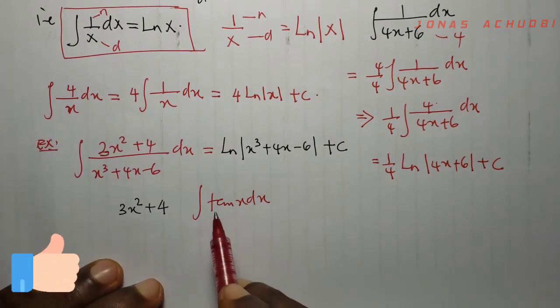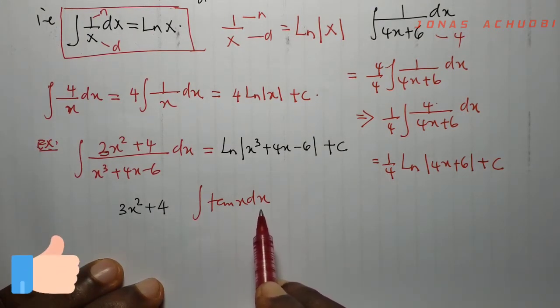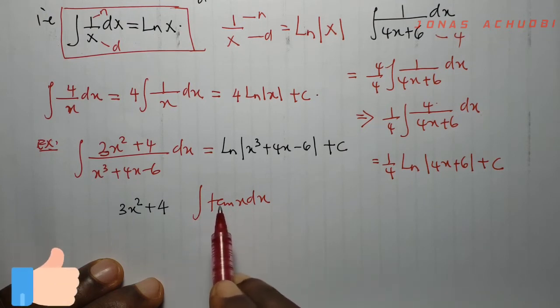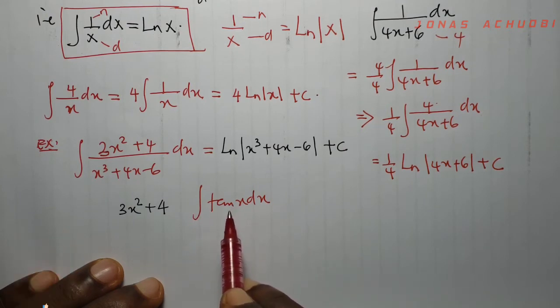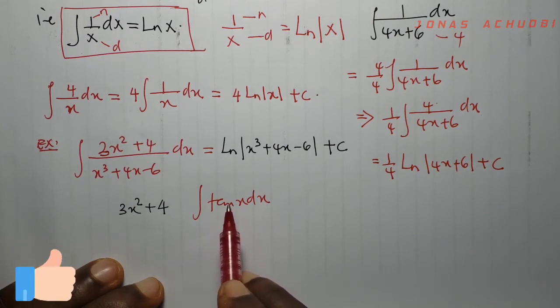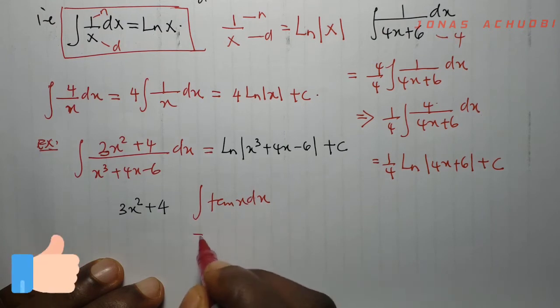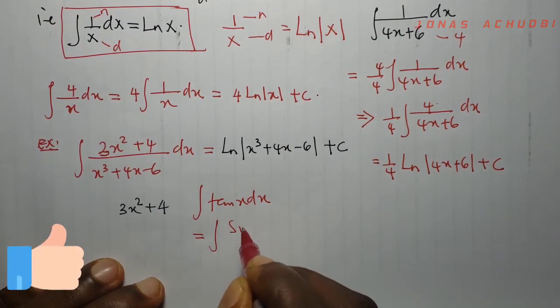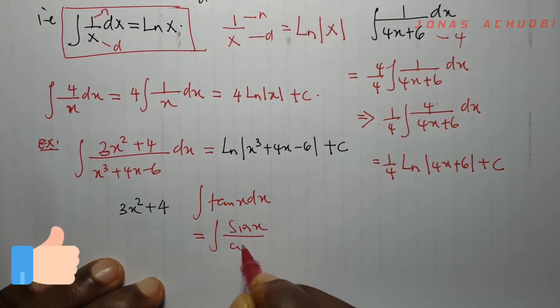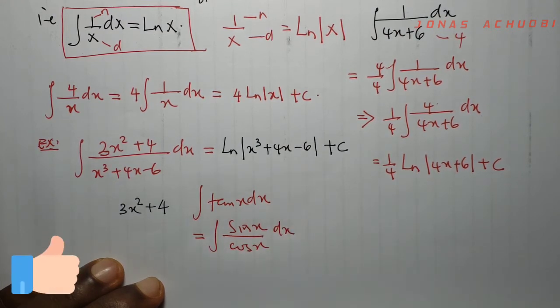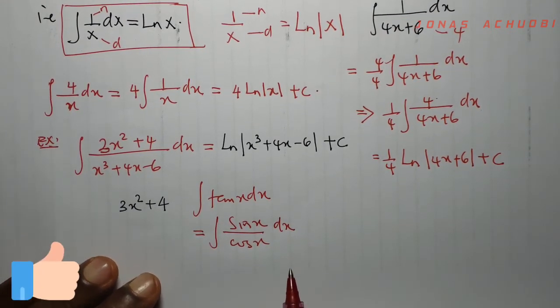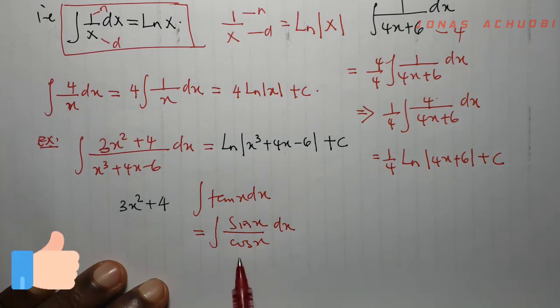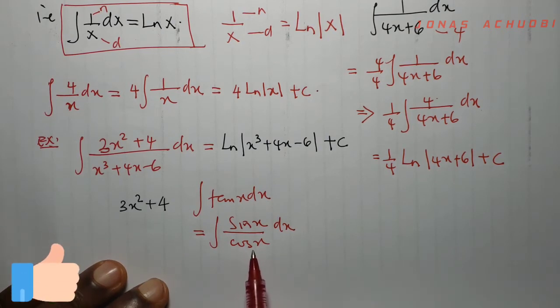Next, we want to integrate tan x with respect to x. Now by observation, the function here is tan x and it is not a fraction. However, we know that tan x is a ratio of sin x over what? Cos x. So we can write this as the integral of sin x over cos x with respect to x. We now check if this method can be applied. If we differentiate cos x, what do we get?